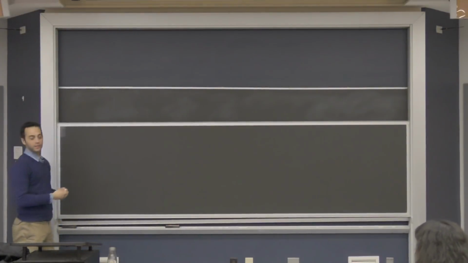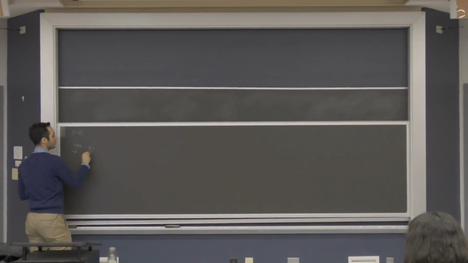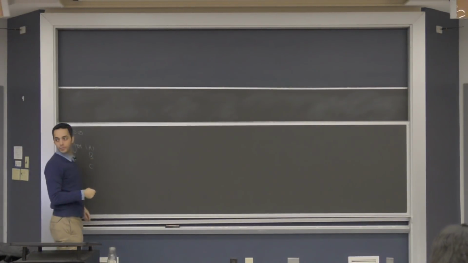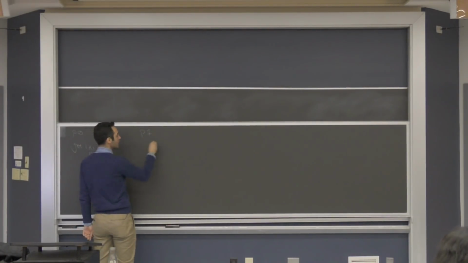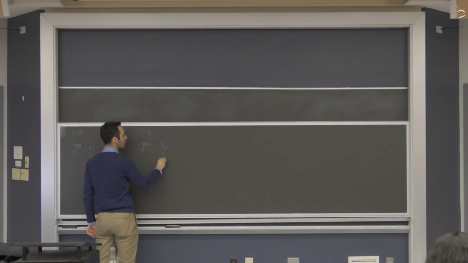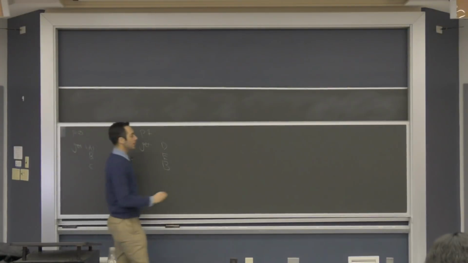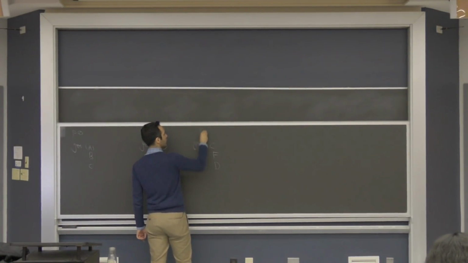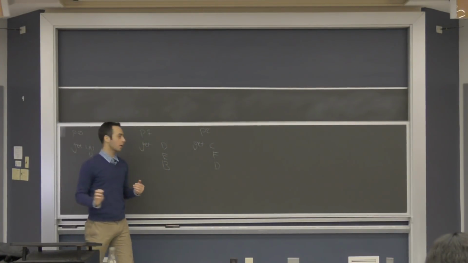P0 asks for A, then B, I'm just going to shorten it like this. P1 is going with D, E, and B, and then C, F, and D for P2. All right. Let's see if there is a chance of deadlock or not in this situation.